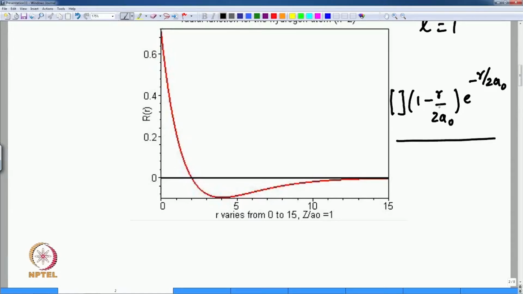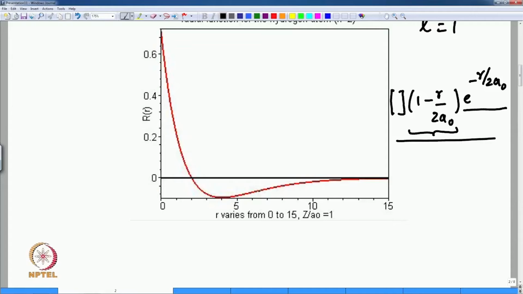So you start with some number depending on what the constant in front is, that is a maximum here. But as r increases from 0 to 2 a naught, you see that the function drops off, while the exponential is also minus r by 2 a naught. For all values of r greater than 2 a naught, this factor will increase, but the exponential will decrease.